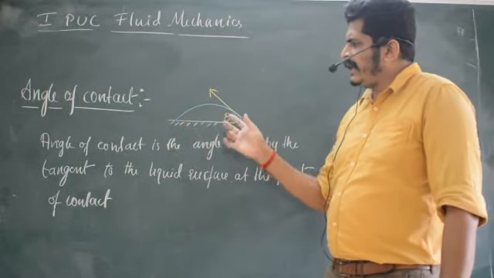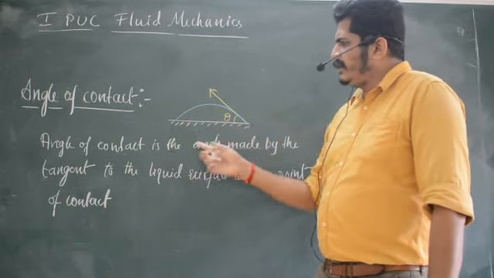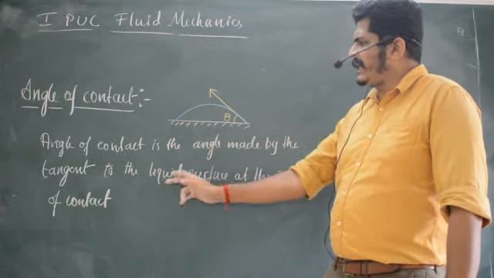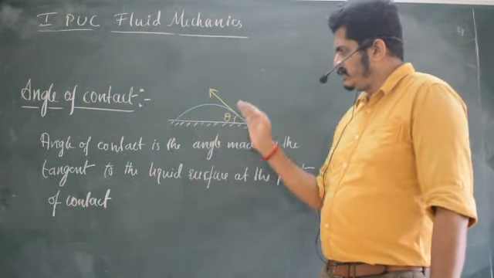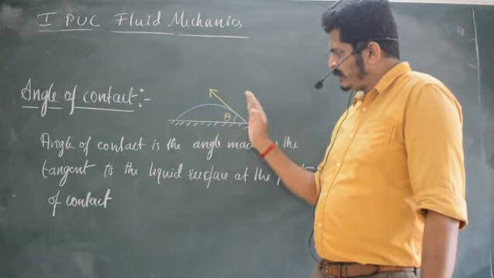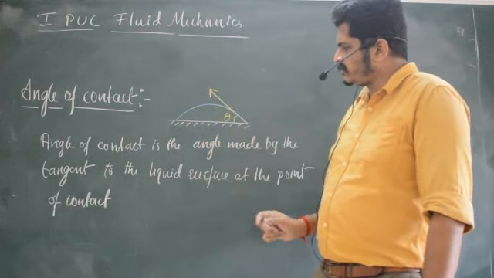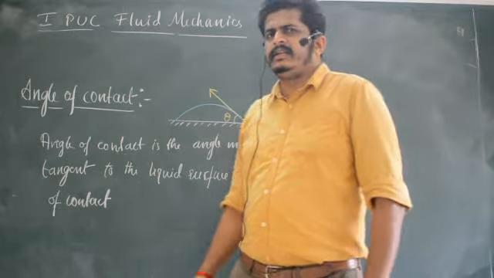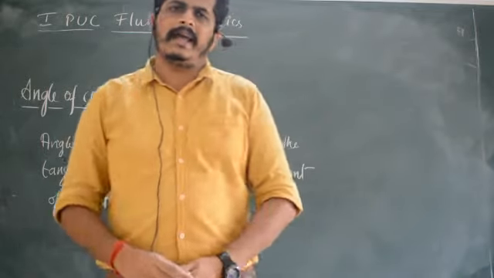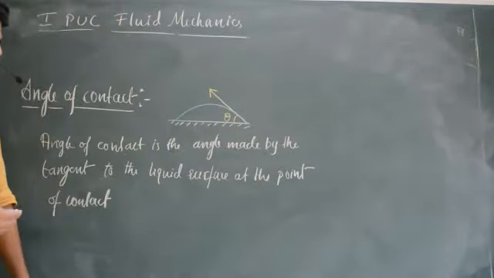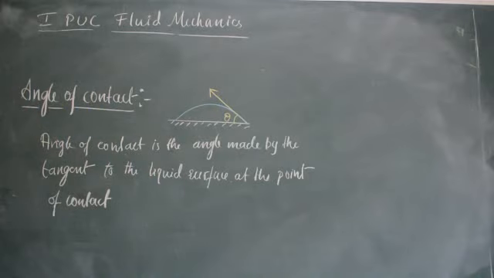So it's imaginary. What is that? Tangent. Angle of contact is the angle made by the tangent to the liquid surface. This is the angle at the point of contact. This is called the angle of contact. Okay. So theta you can see there. Okay. Next, in that first one, conditions are there.